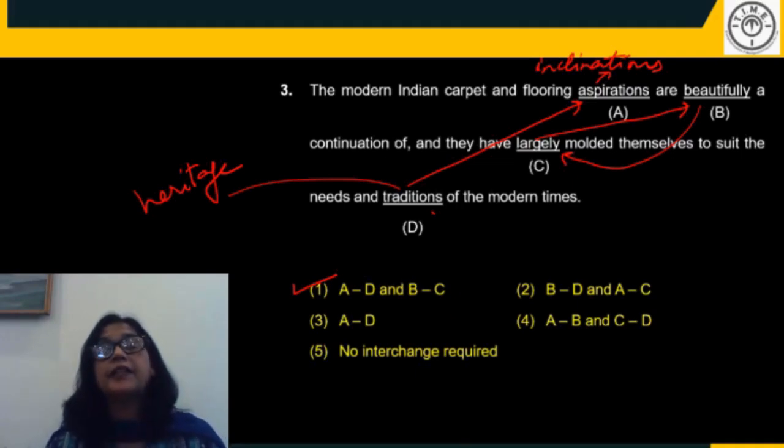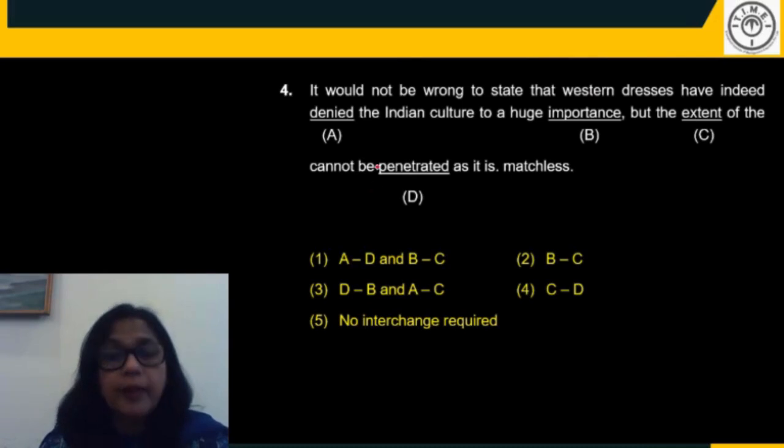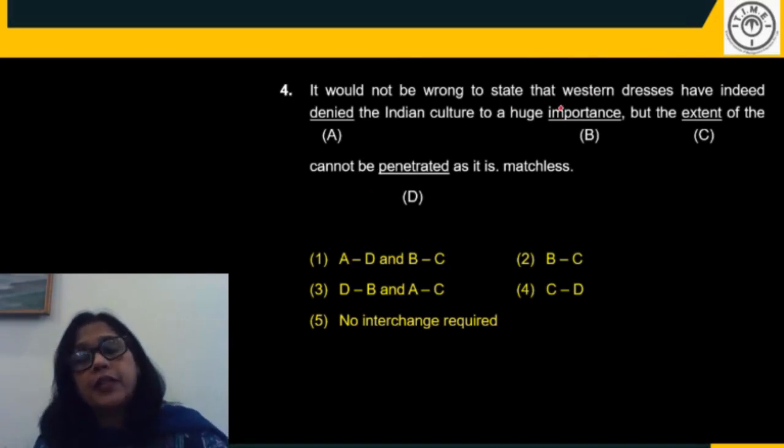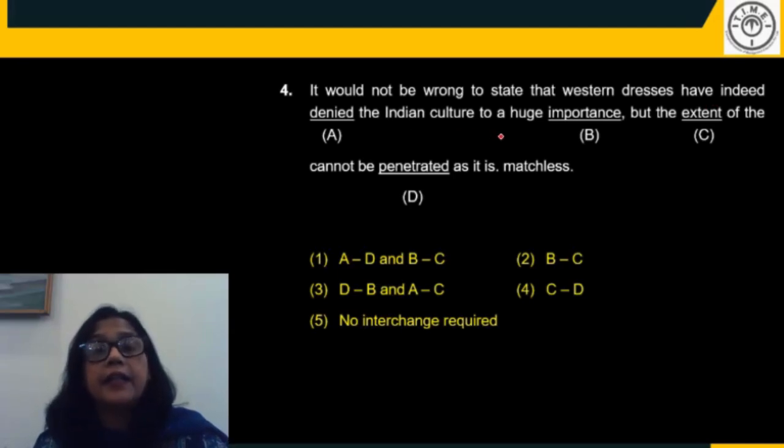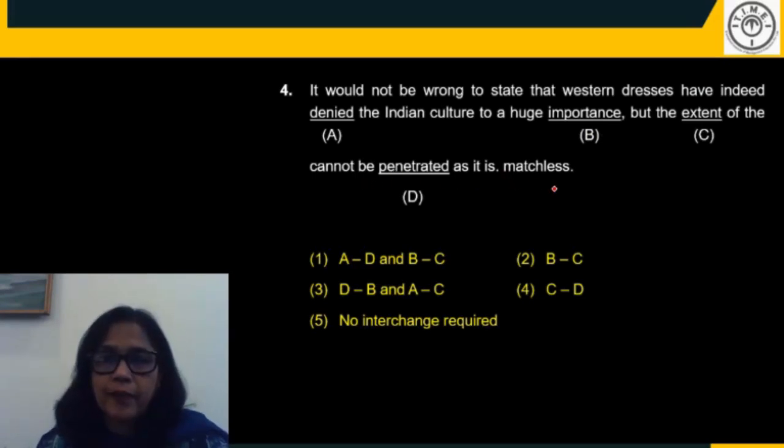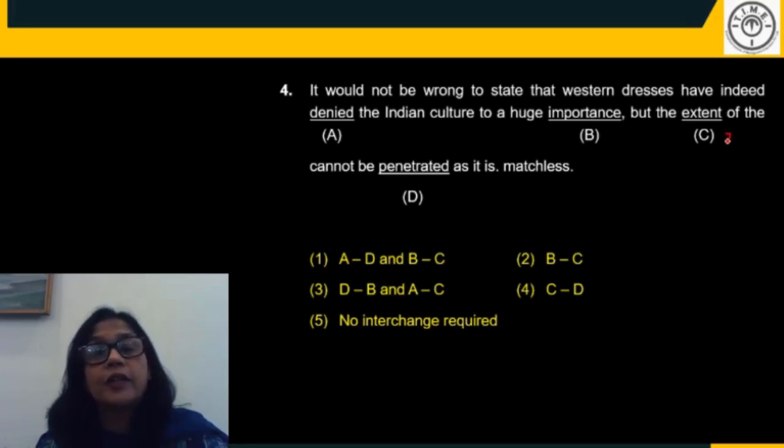The fourth one here: it would not be wrong to state that Western dresses have indeed denied the Indian culture to a huge importance, but the extent of the cannot be penetrated as it is matchless. The extent of the what? So we know C is wrong, so C has to be interchanged with something.